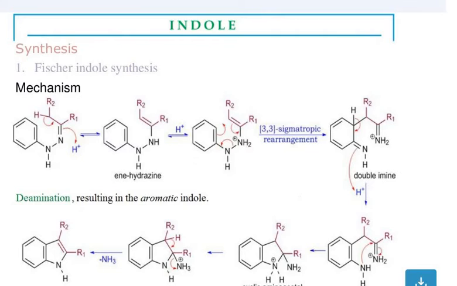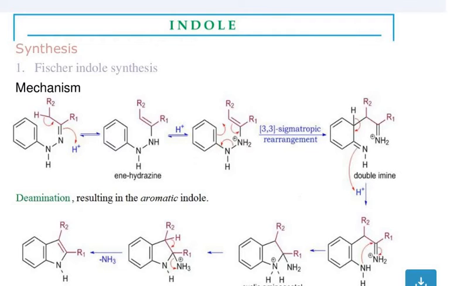What is the mechanism? Now look at here. Step by step, you have to write it down in your notebook. Don't skip it. How the hydrazone rearranges to the ene-hydrazine. What does it mean, ene-hydrazine? Think about that. And then the process of cyclization, and that is the 3,3 sigmatropic rearrangement.